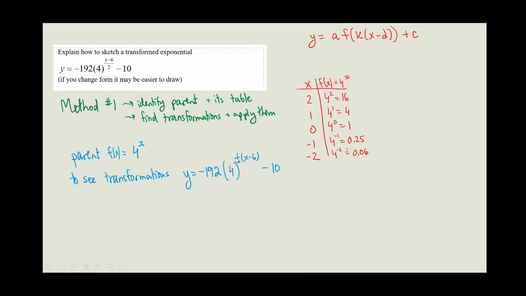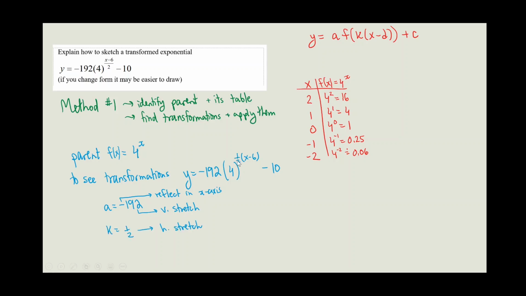But if you put in 1/2, dividing by 2 is the same thing as multiplying by 1/2, then it's more clear that this 1/2 is the corresponding coefficient on the x. And so matching things up, anything that's a multiple outside of our parent function is -192. That will control a reflection in the x-axis, as we've learned before, and because this number 192 is bigger than 1, it's going to vertically stretch our graph.